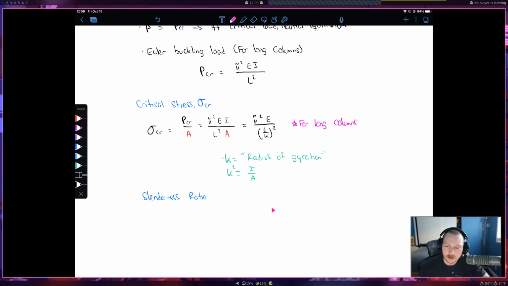Okay, so I should also make a note again that this equation for critical stress, because it was derived from this Euler buckling load equation, it's only applicable for a long column.